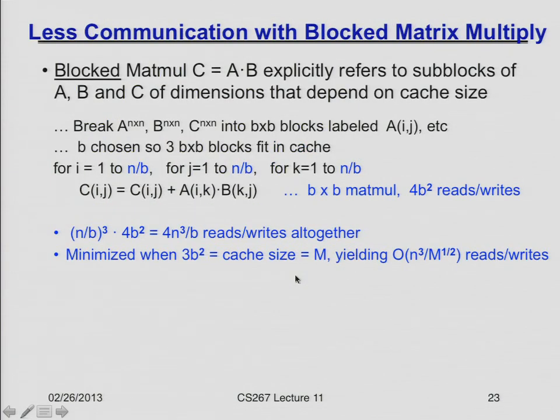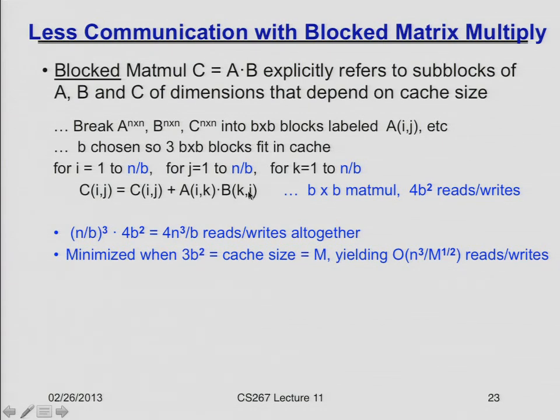And so the algorithm that we told you about, again, this is just review, was to block it. And so what I'm going to do is break up my 3 n by n matrices into b by b blocks. I have to choose that block size. And I'm going to call, so A sub ij is not an entry of the matrix, it's a b by b block. And so the easiest way to write the code is still as 3 nested loops, but now the inner loop is actually doing a matrix multiply.